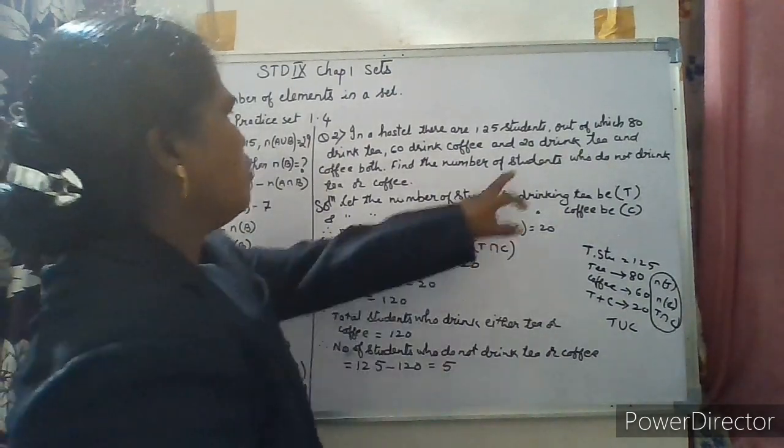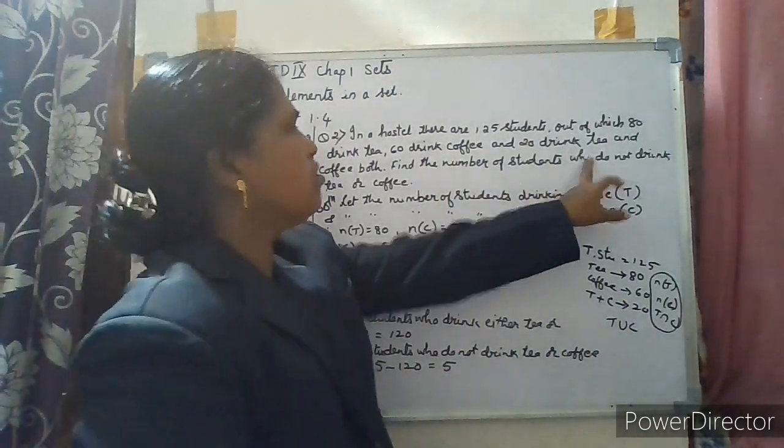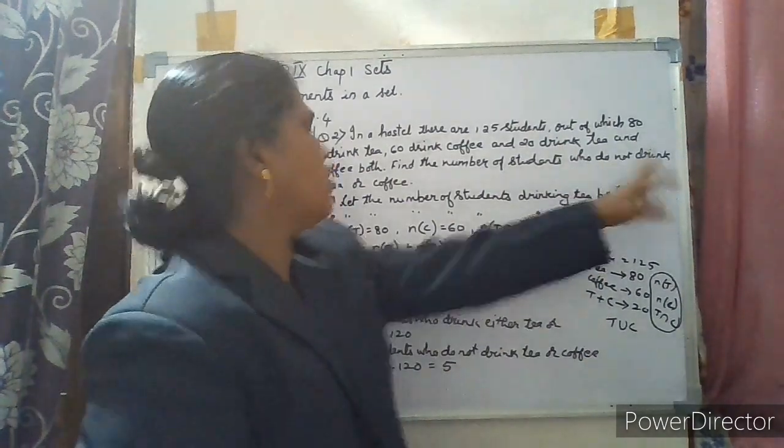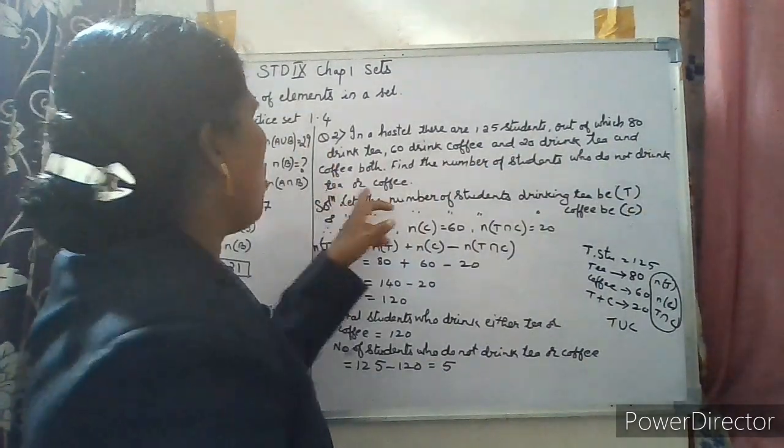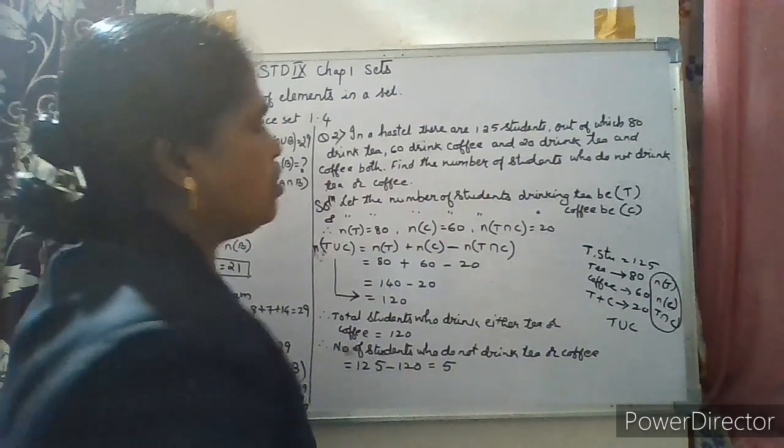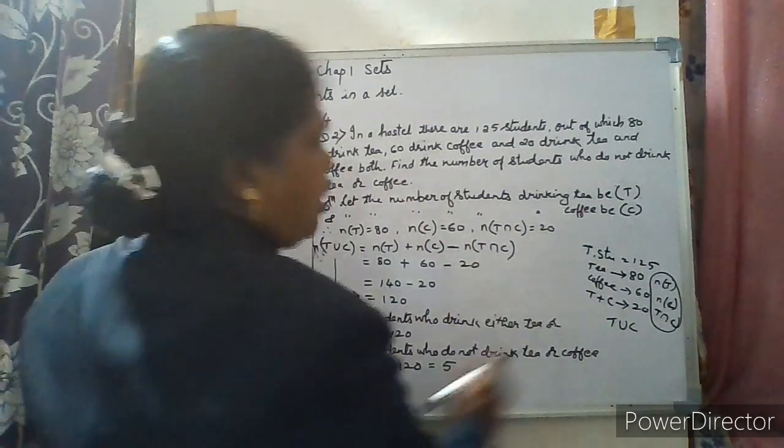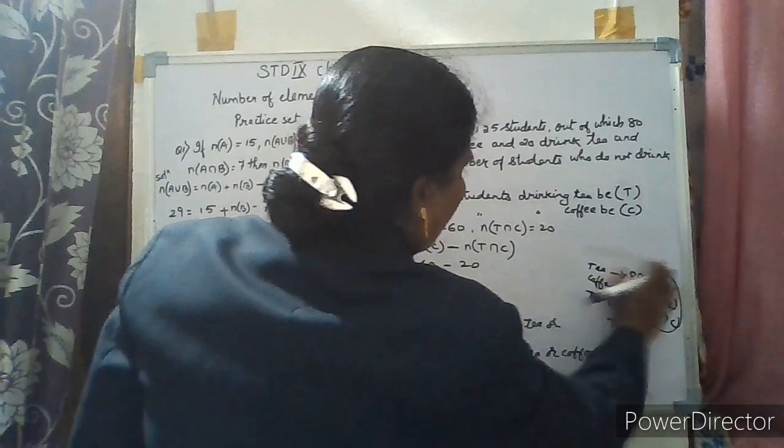So we have got the solution, the number of students who do not drink either tea or coffee. This can be shown by the Venn diagram.